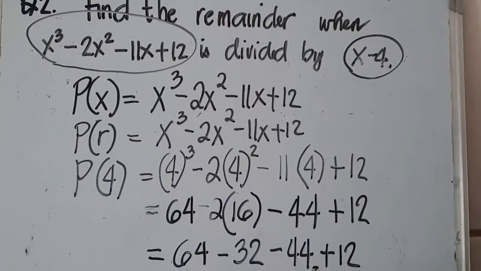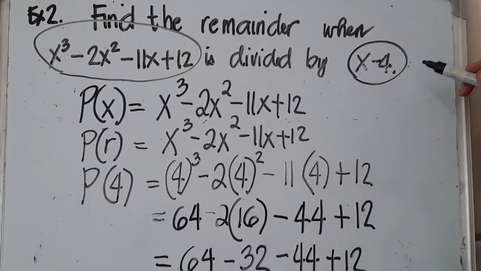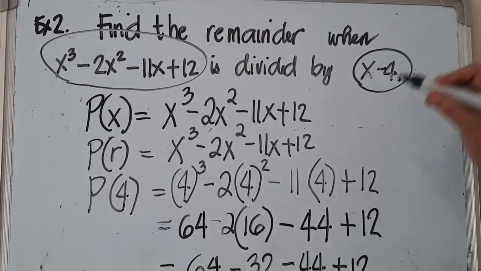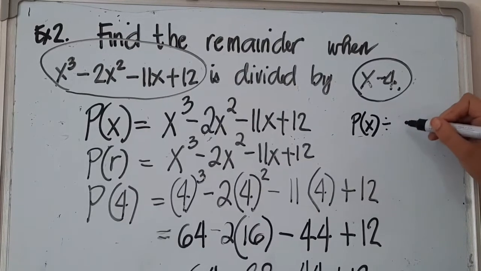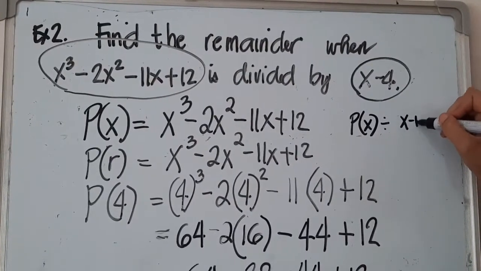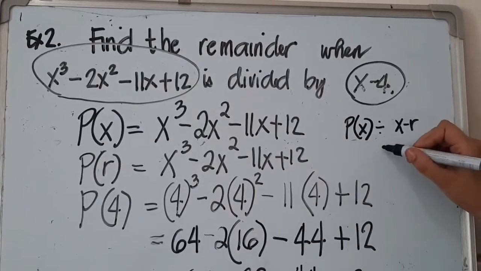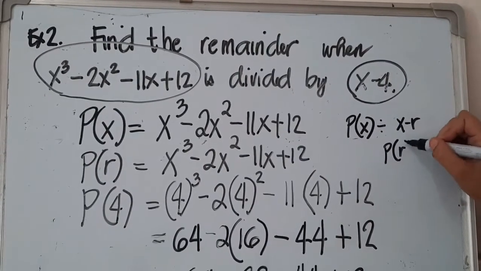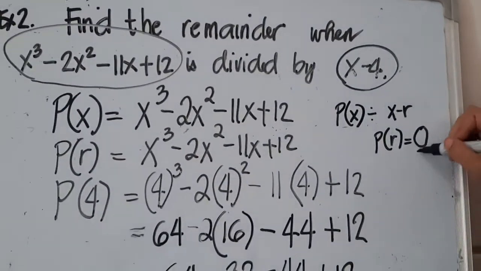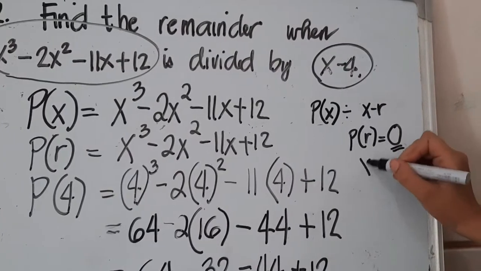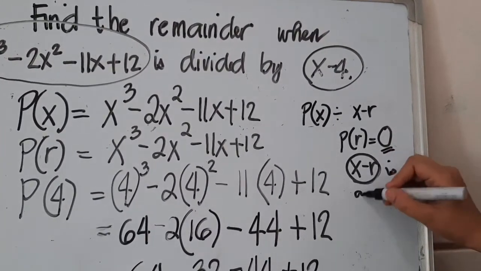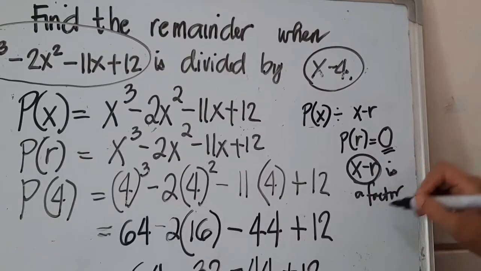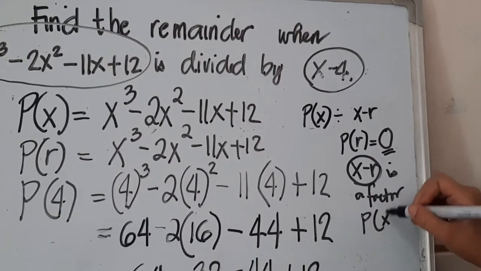Because our factor theorem states that when p of x is divided by x minus r, and p of r is equal to 0, automatically x minus r, the divisor, is a factor of our polynomial p of x.